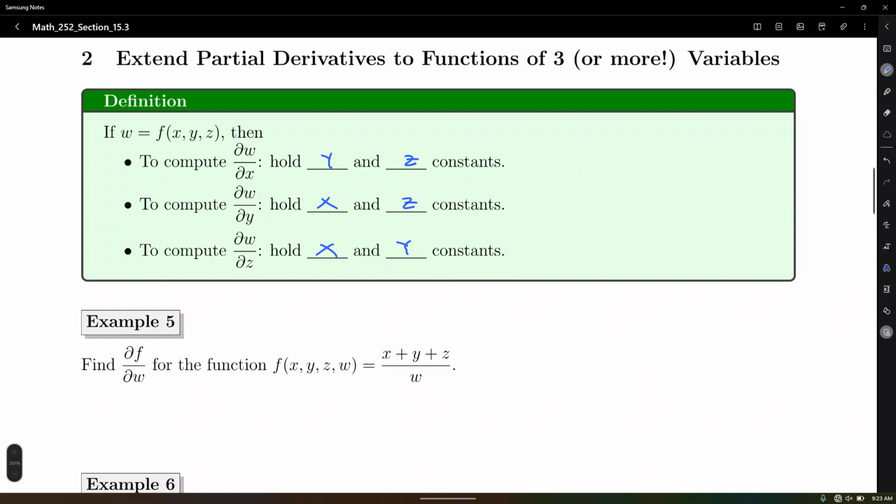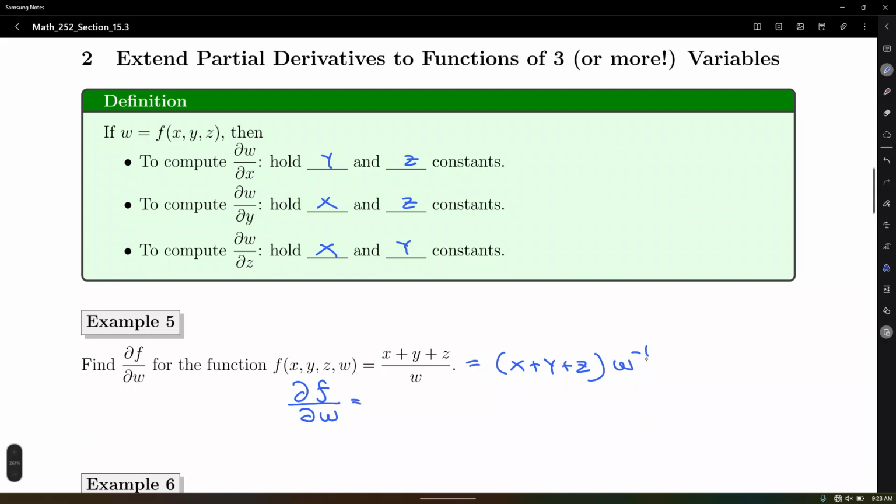All right, but they're asking us to differentiate with respect to w. Well, let's just move this w to the numerator so we can differentiate it: x plus y plus z, w to the negative 1, and then find the partial derivative of f with respect to w.